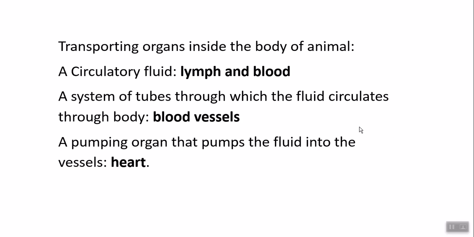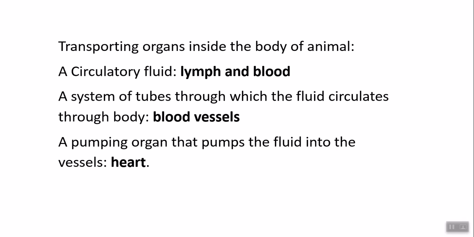There are different types of transporting organs seen in different groups of animals. However, the major component that is commonly seen in all the invertebrates is the circulatory fluid. Circulatory fluids are either the body fluid or the blood. A system of tubes through which these body fluids are circulated is the blood vessels.